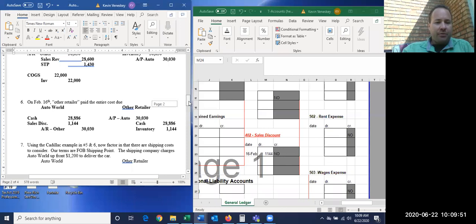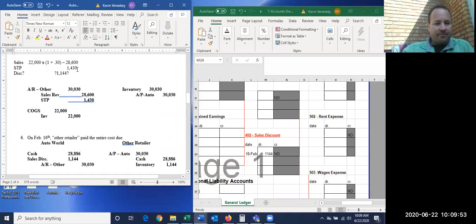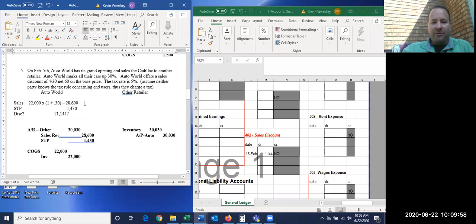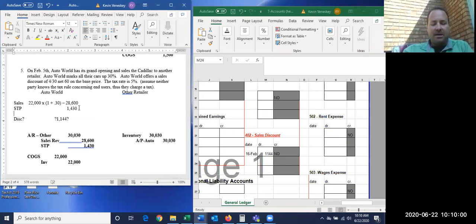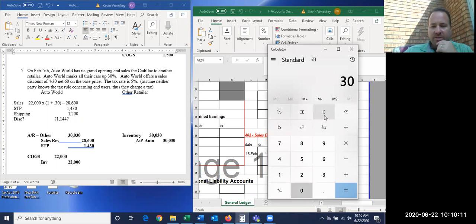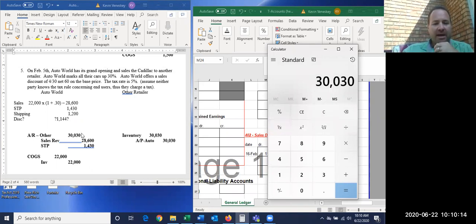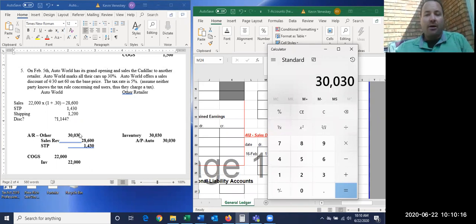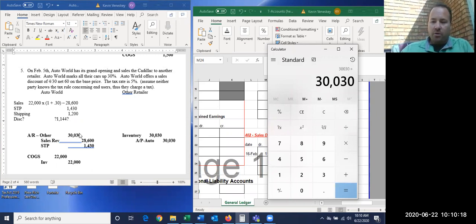So if I go back up to my work on number 5, everything's the same except now there's shipping involved. And the shipping is $1,200. So before, without the shipping, it was $30,030 total that the buyer owed me. Now the buyer, since it's FOB shipping point, also owes me $1,200 because of the shipping costs.